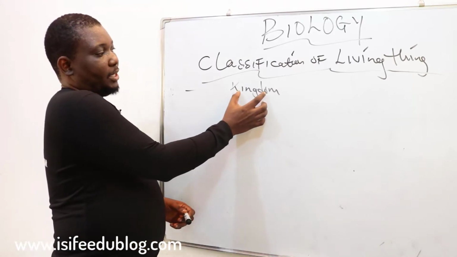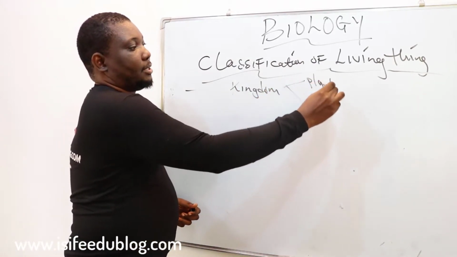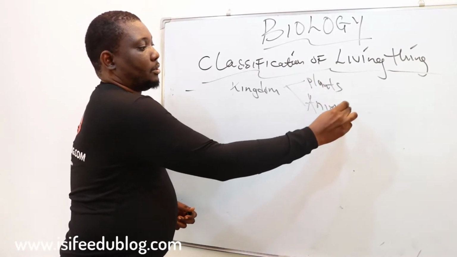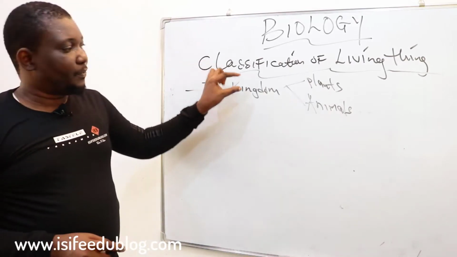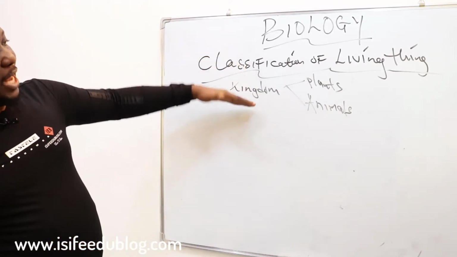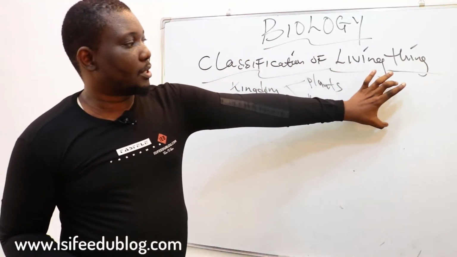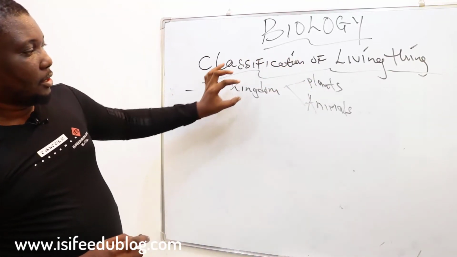The 4 major groups in these kingdoms are plants and animals, basically. But in the 5 system of classification, we are going to be adopting 5 classifications rather than plants and animals.